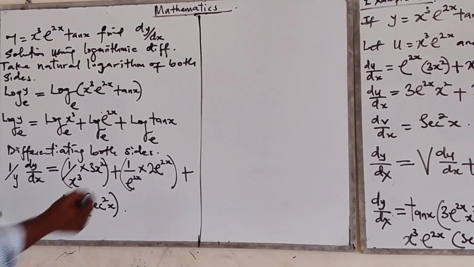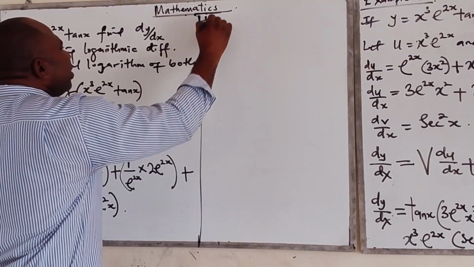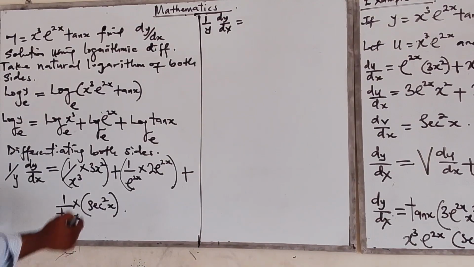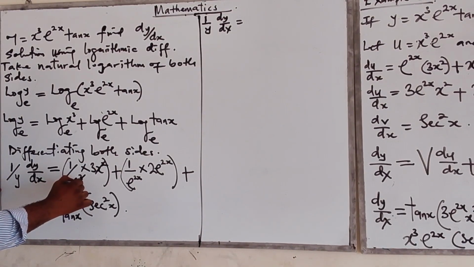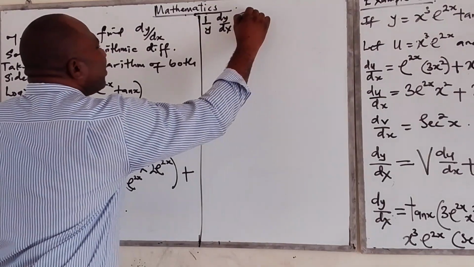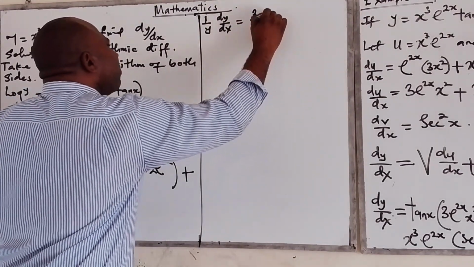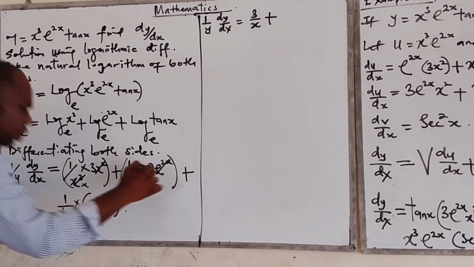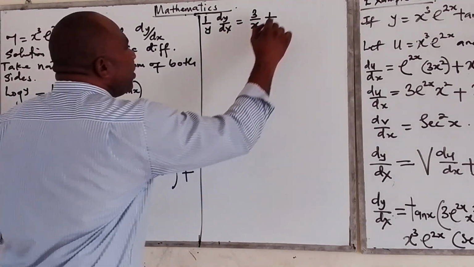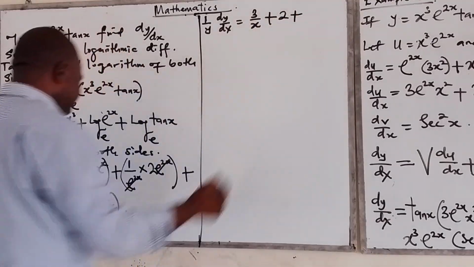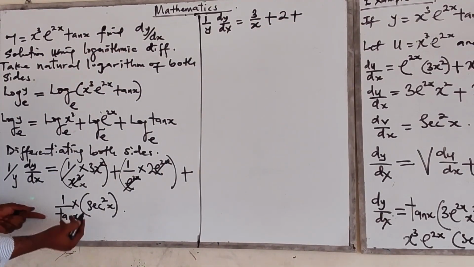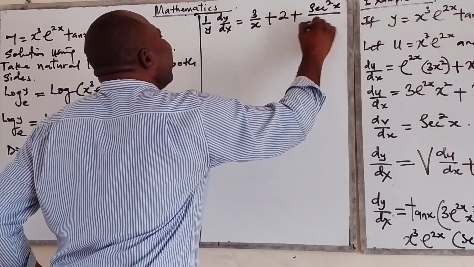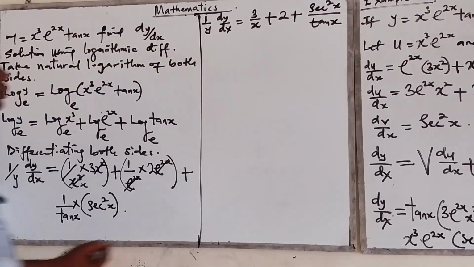So it therefore means that 1 all over y times dy/dx will be equal to, when you simplify this, x squared will cancel, and you'll be left with x. So here we have 3 all over x plus, now this e raised to the power of 2x will cancel this e raised to the power of 2x, so we'll be left with 2, then plus sec squared x all over tan x.